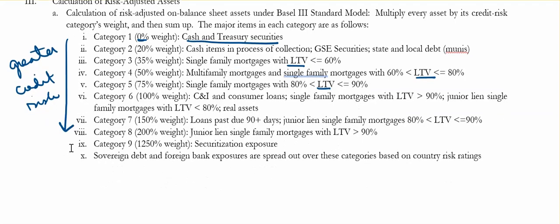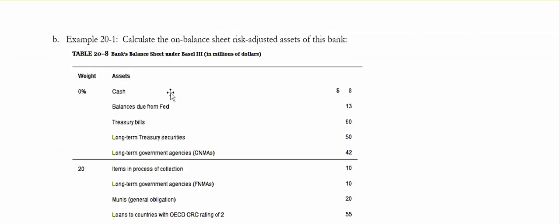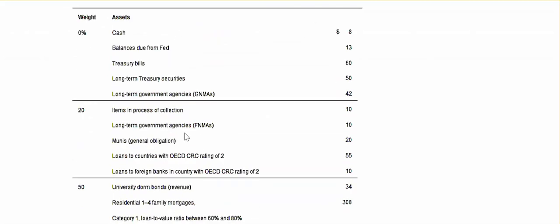Now we take these weights that we see here and multiply them by the asset values in each of these categories and add them up, and that gives you the risk-weighted assets. So I recommend that you look at the other page to see where I'm getting these from.